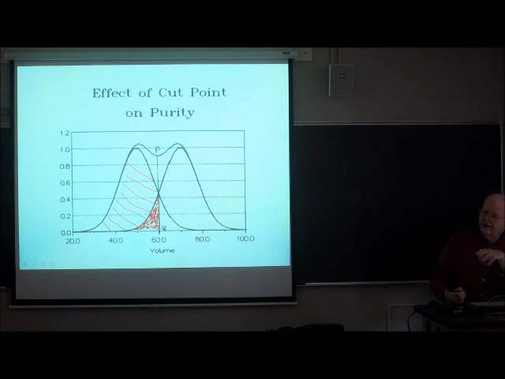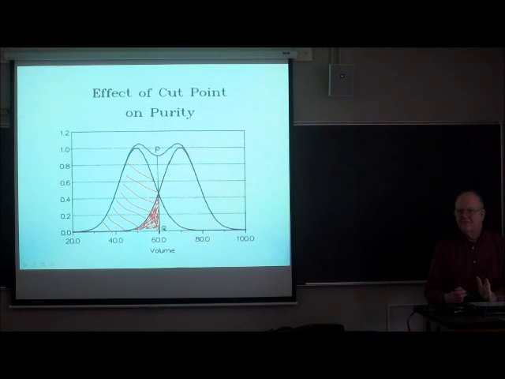Well, the other day I gave you those horrific equations with the error function in them, and now we got to use them because we need to know both of these areas, and the ratio of this area to the total area is the fractional impurity of the cut at the valley.